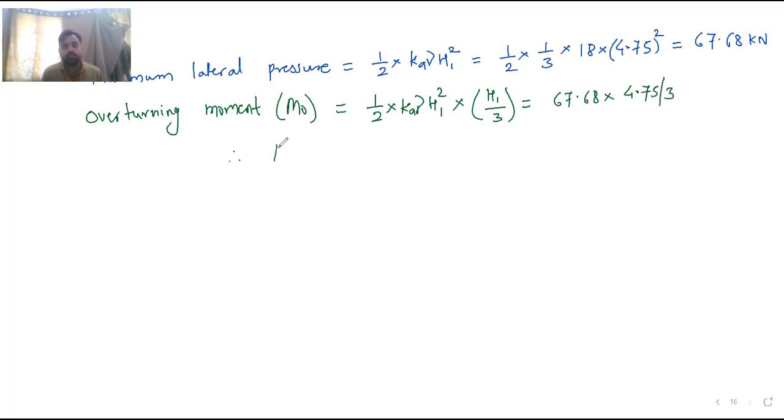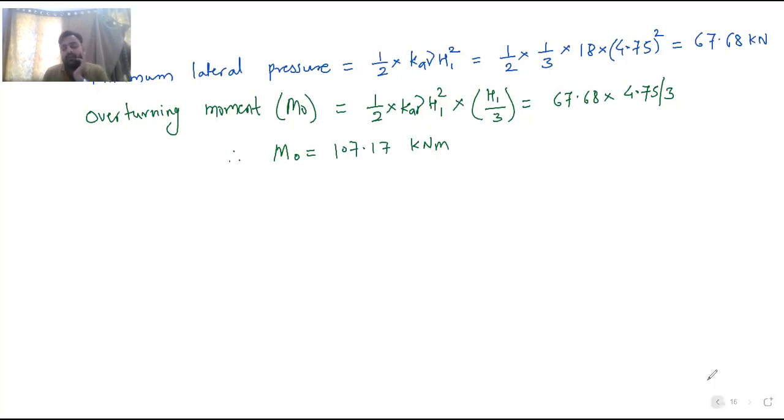Therefore, M0 is equal to 107.17 kilonewton meter.